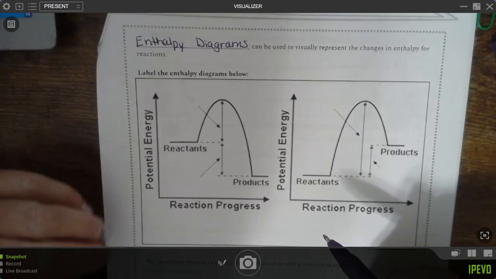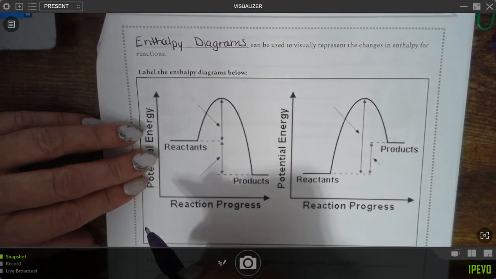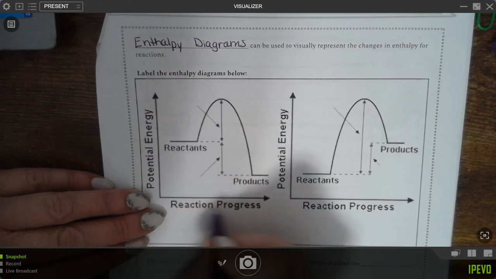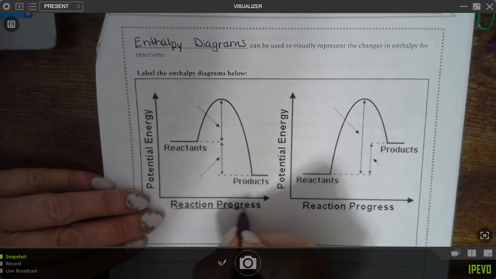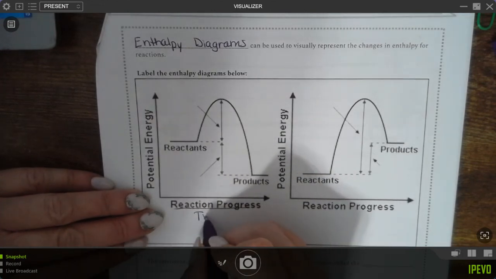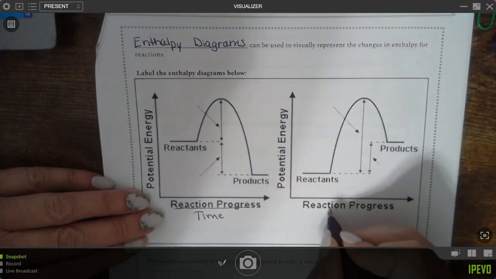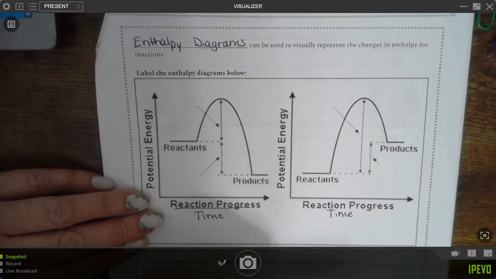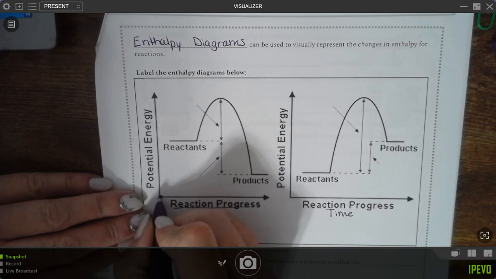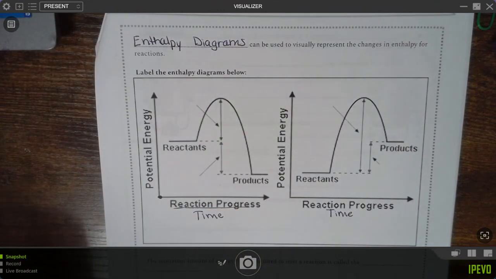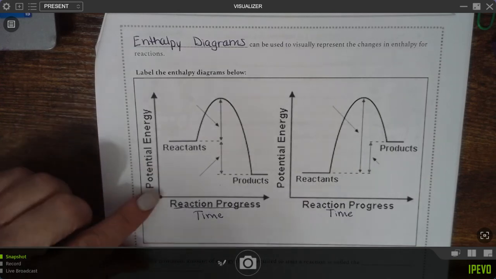A couple of things I want you to notice. So the x-axis is the reaction progress. We could also say that this is time. So at time 0, if we're putting two things together, when we combine them, that's time 0.